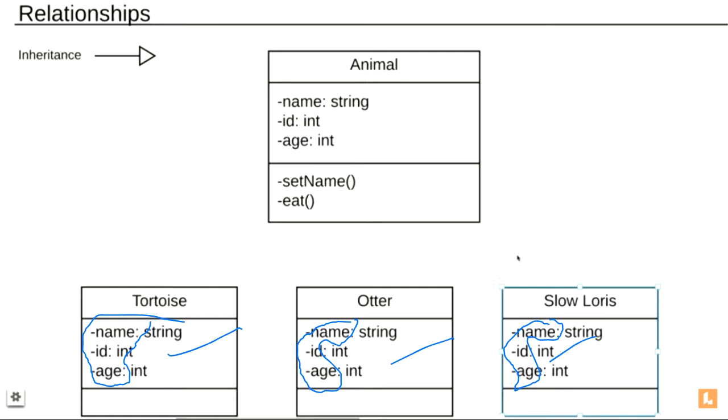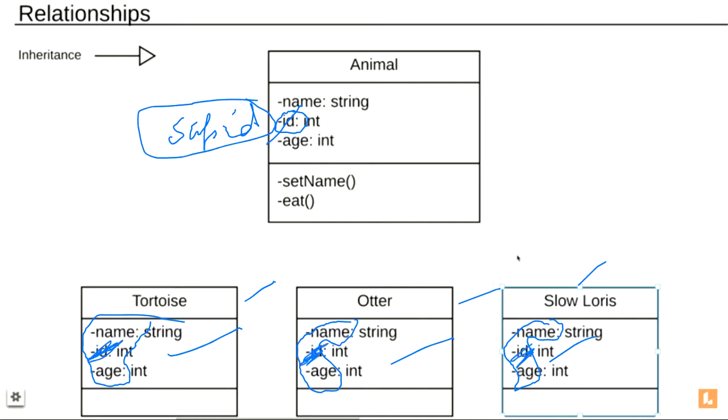Second point of benefit: suppose I want to change this ID to SAP ID. I want to change the name of this attribute to SAP ID. If you are not doing inheritance, if you have made these three separate classes, then you have to change SAP ID here also, here also, and here also. This is for only three classes.